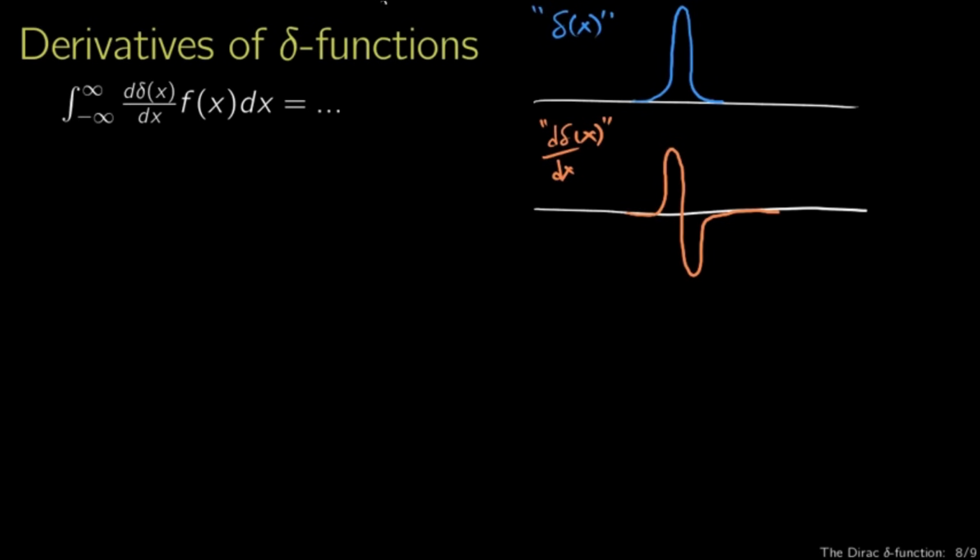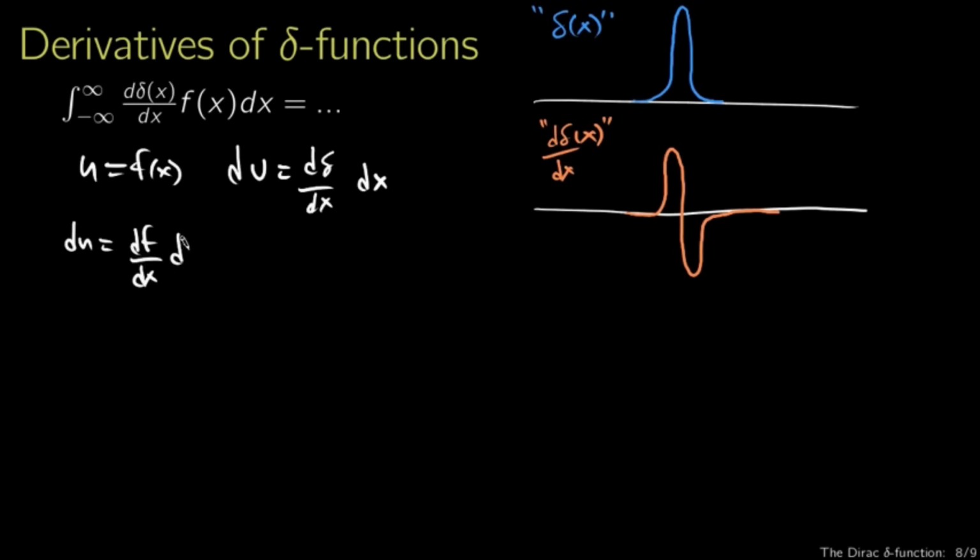And you can see that by looking at this expression and thinking integration by parts. For instance, if I say u is f of x, and dv is d delta dx dx, I can do integration by parts. My du is going to be df dx times dx, and my v is going to be delta. When I integrate the derivative of the delta function, I'm just going to get the delta function back.